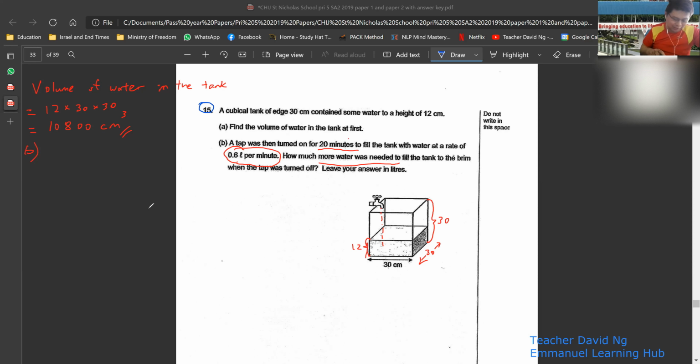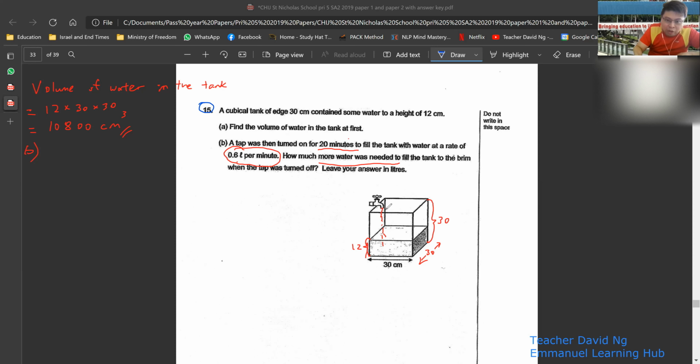You're listening? Okay, I repeat my question one more time. Right now there's 10,800 cm cubed of water inside here. Then I turn on the tap. So when I turn on the tap, there's water flowing into the tank, right? Yes. Correct.